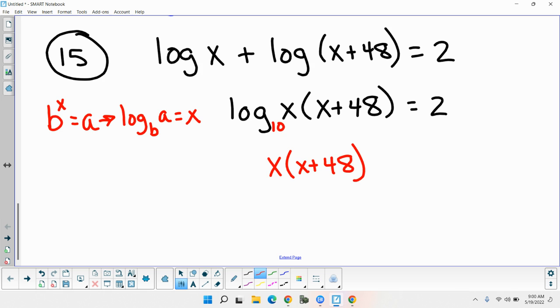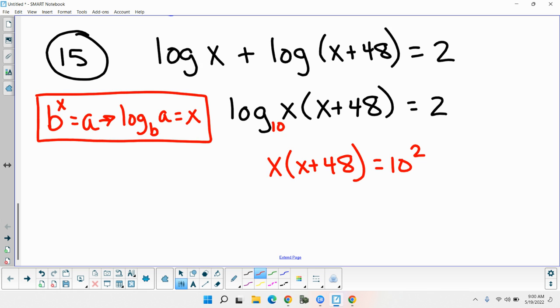So the base is 10 to the second power. That's the problem we're solving. Okay? So you might want to put this red thing I just wrote on your note card to remind you how to change it from one form to the other.